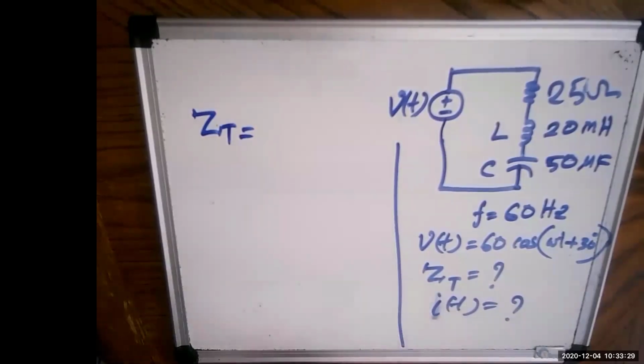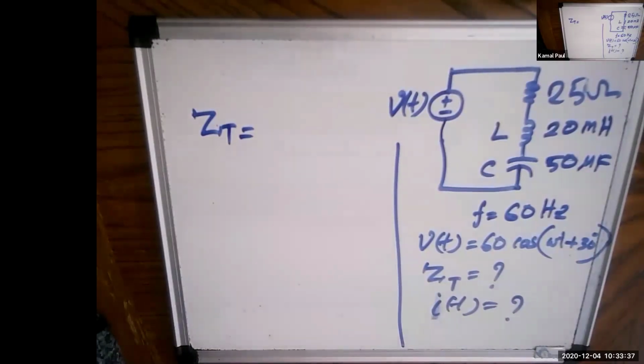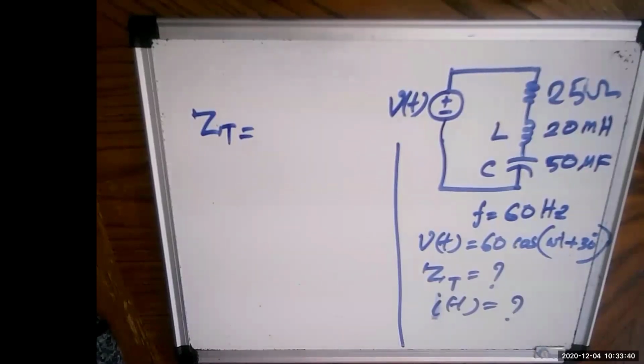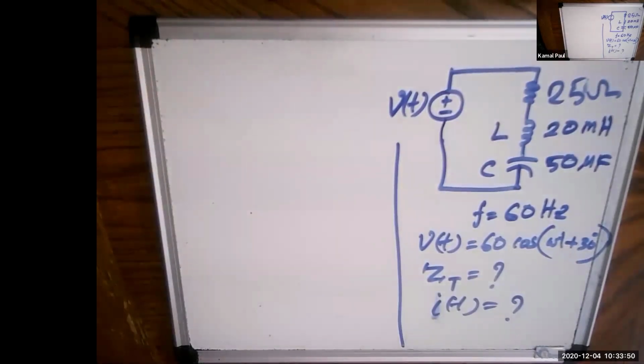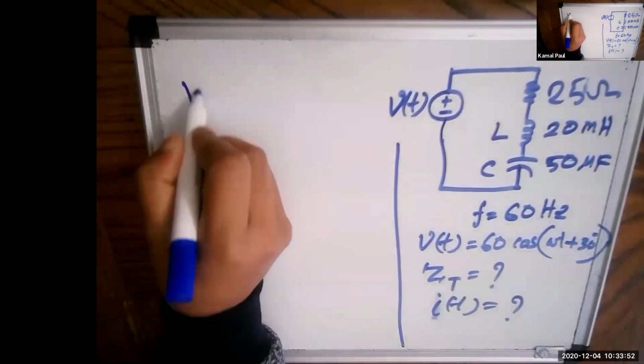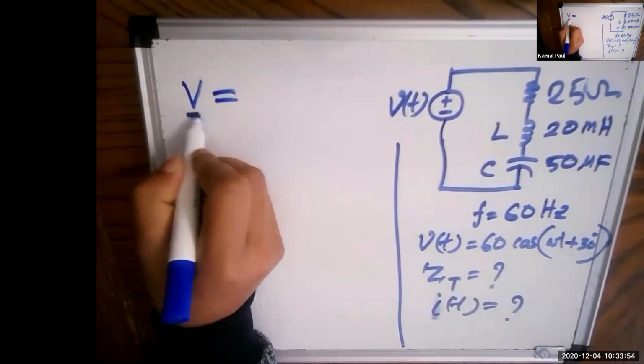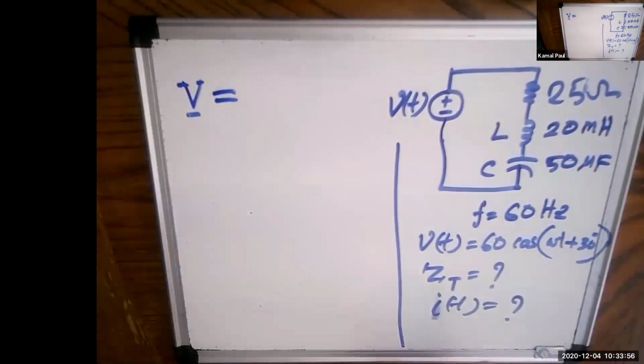You need to convert each of them into their phasor form, and then since they're all in series, you would add them all together. That's right, we will add them all together. So we first find the phasor form of this one.